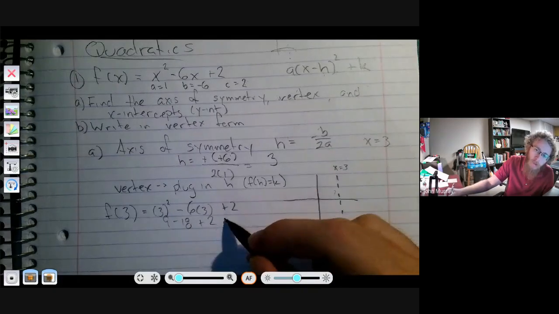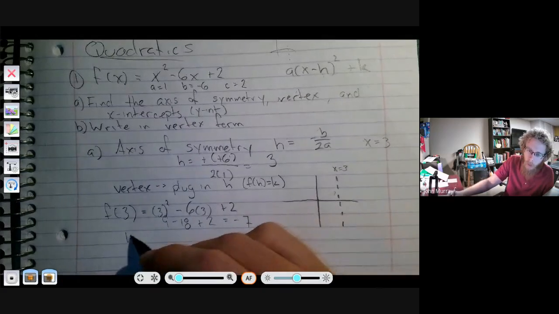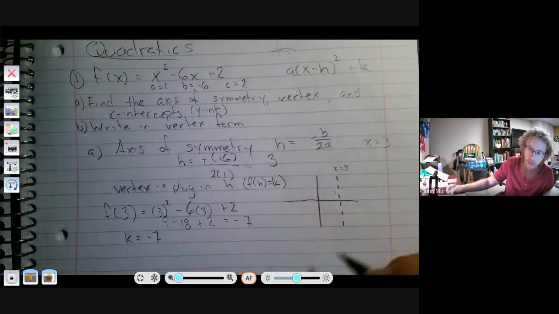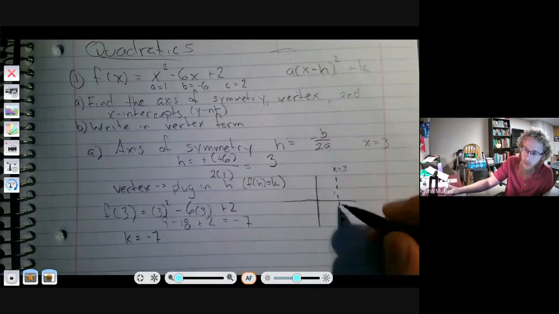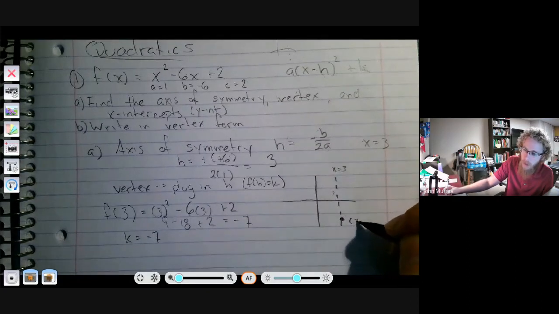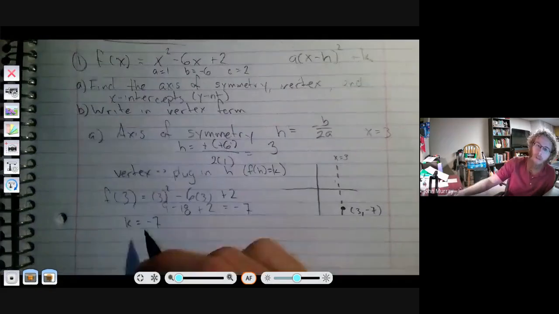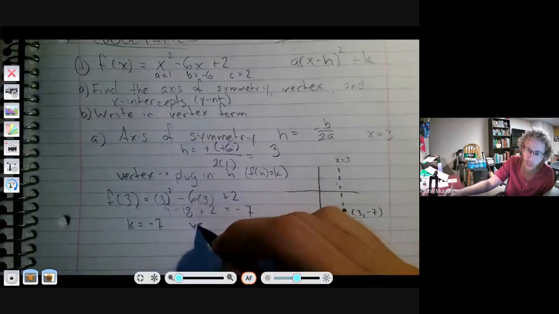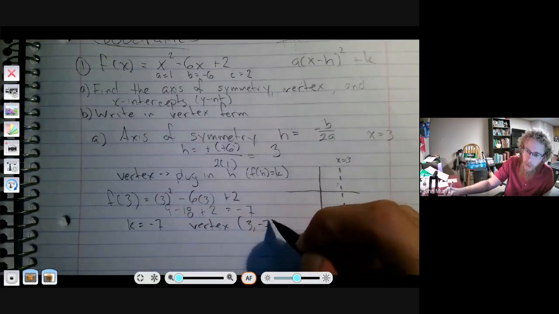Negative 9 plus 2 is negative 7. So my k is negative 7. So that would be probably somewhere down here. Again, this is just a sketch. All right. So we can say that our vertex is at the point 3, negative 7.